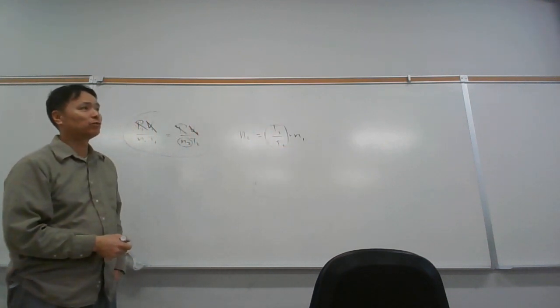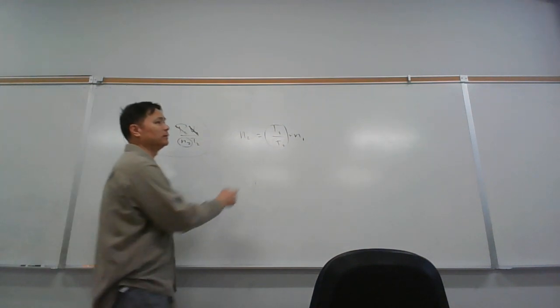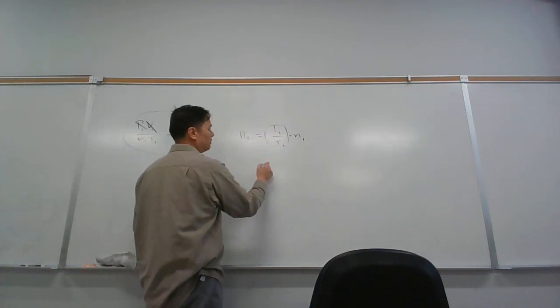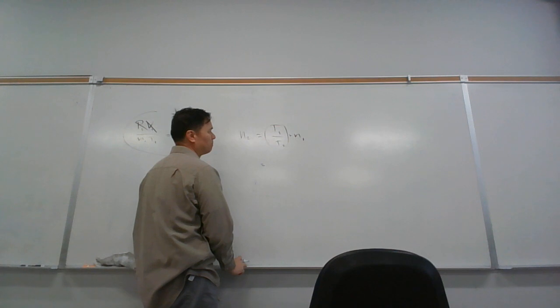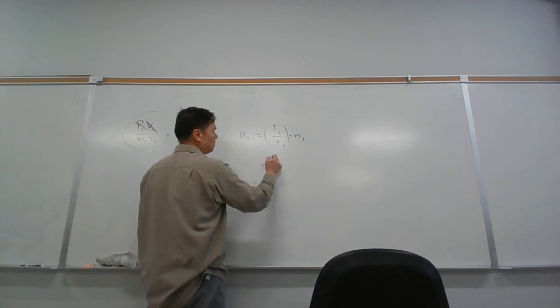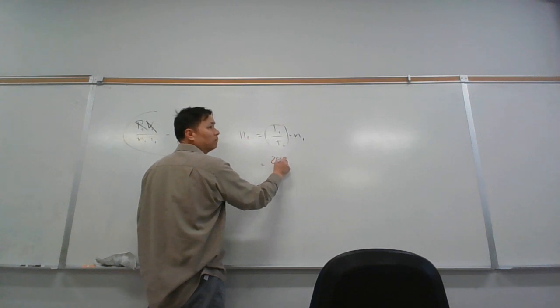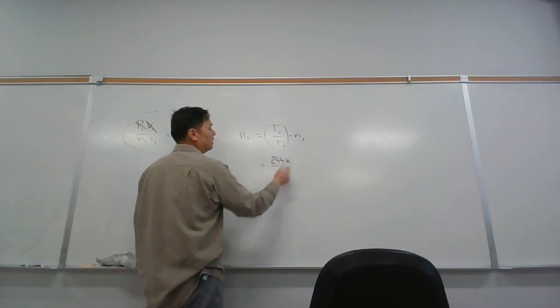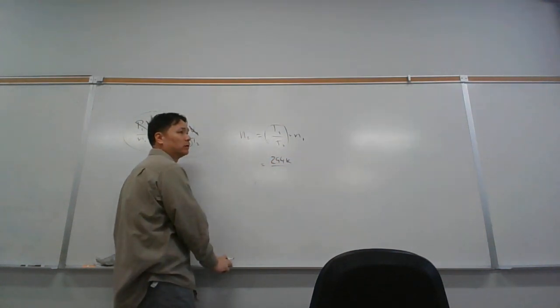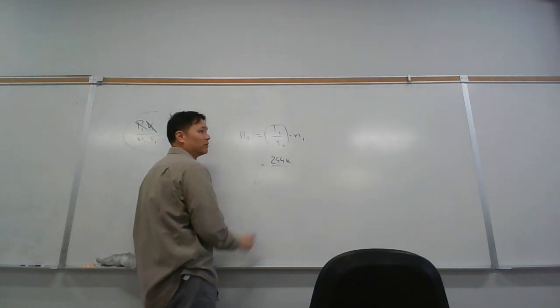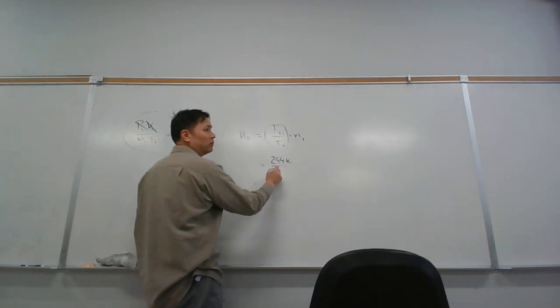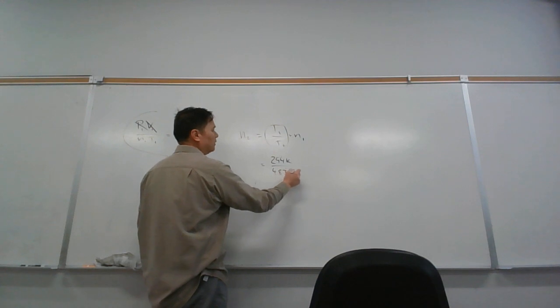The temperature goes from 21 degrees C, which is T1. We have to use Kelvin, so this would be 294 Kelvin. And then T2 is going to be 273 plus 210, which would be 483 Kelvin.